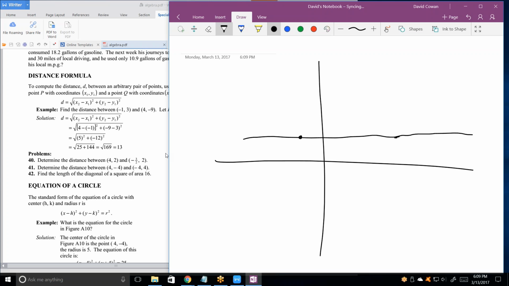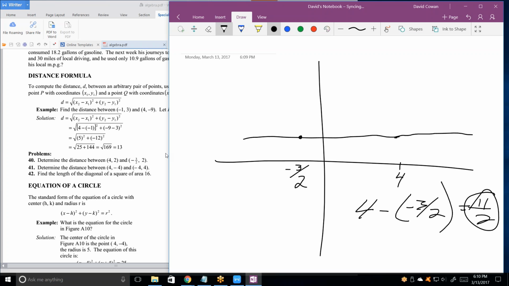So that's a horizontal line. So I don't really need the distance formula, do I? No. Just need the distance between those two numbers. And again, you could say that's 4 minus a minus 3/2. So you still get 11/2, whether we use the distance formula or we don't.